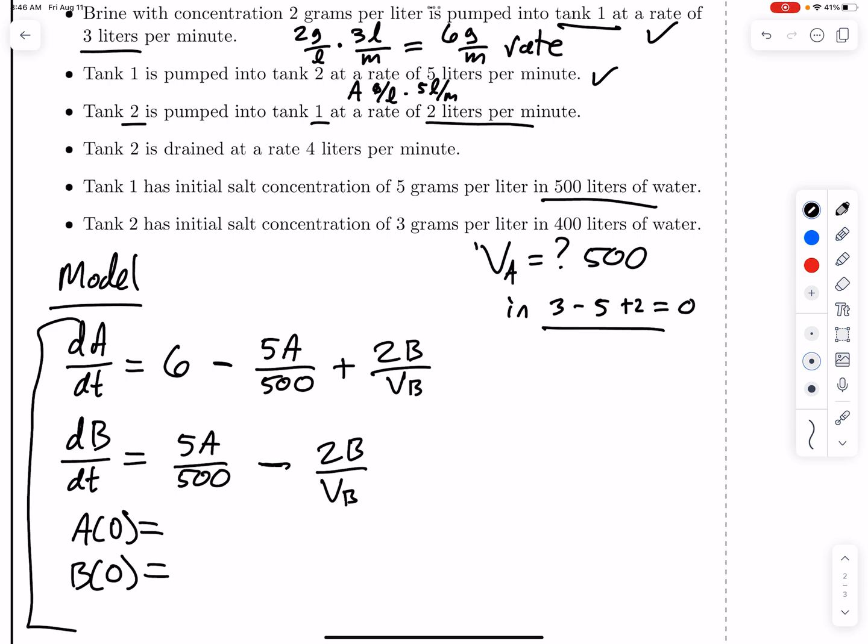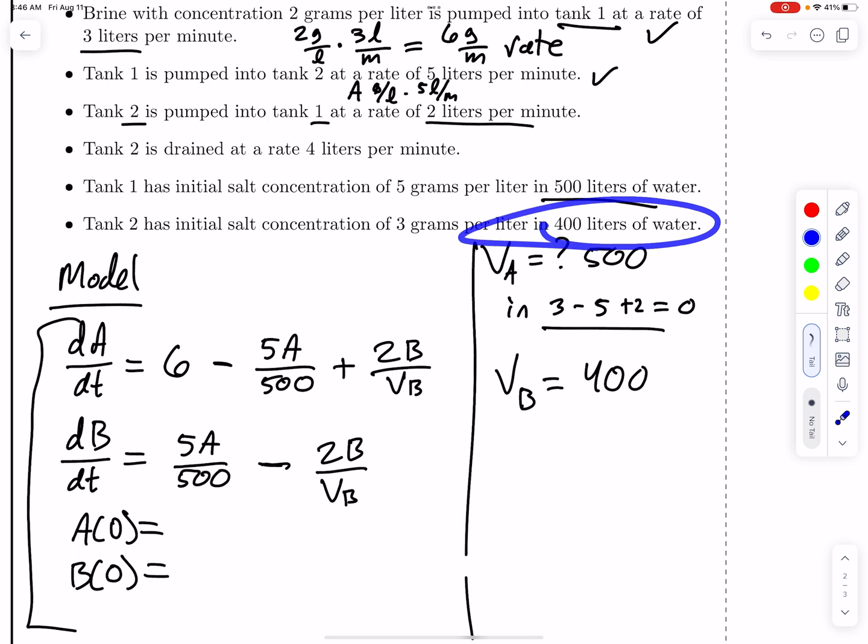But what is the volume of tank B? Okay, so it says it's 400 right here at the beginning. It's 400 liters at the beginning, but it's changing. So what is the change? Well, let's see.